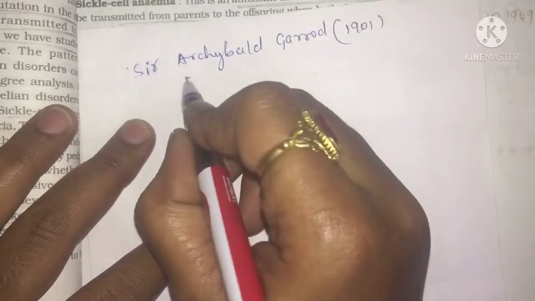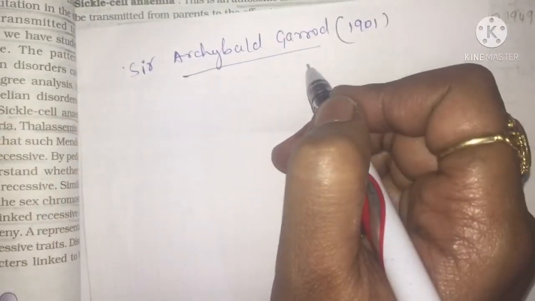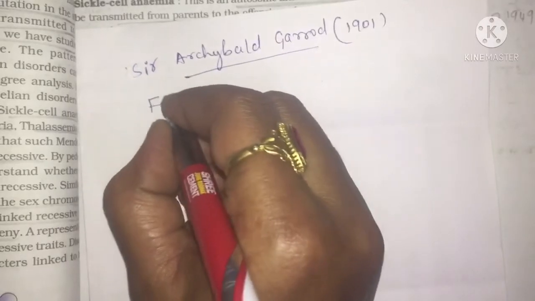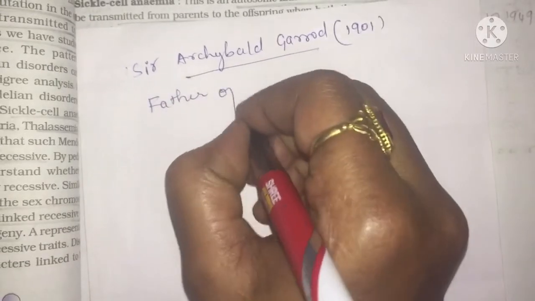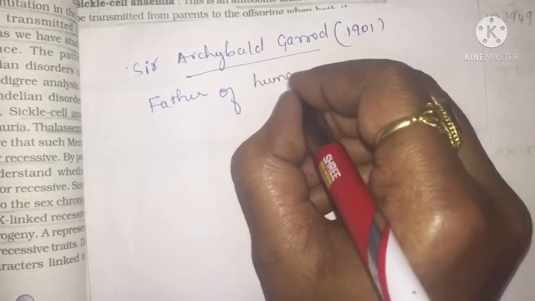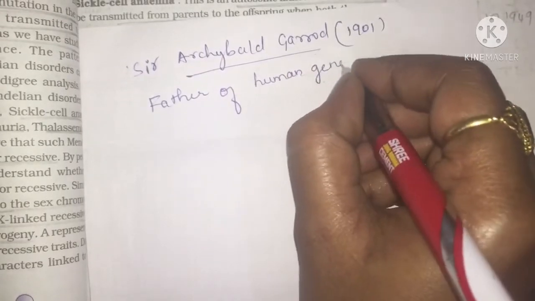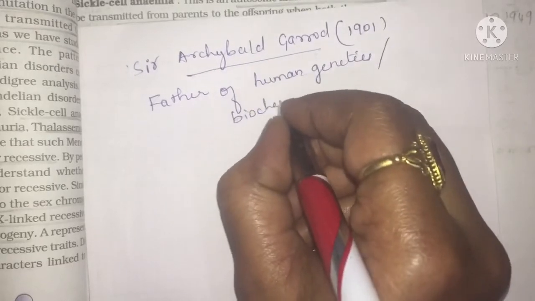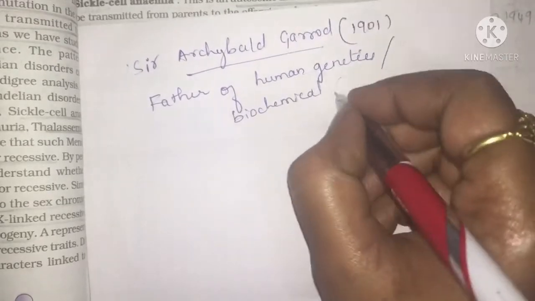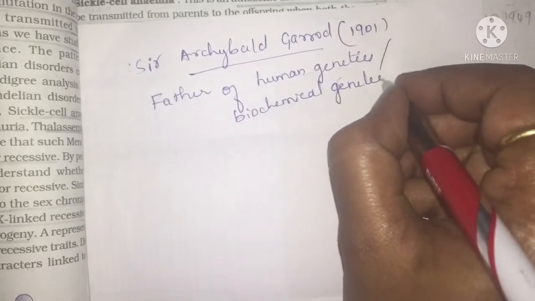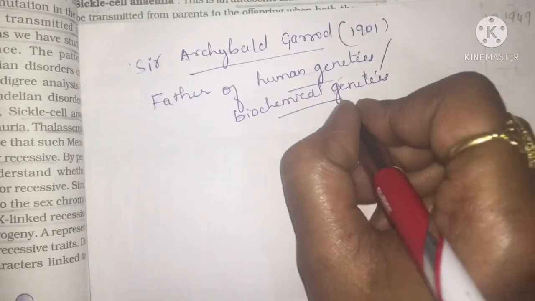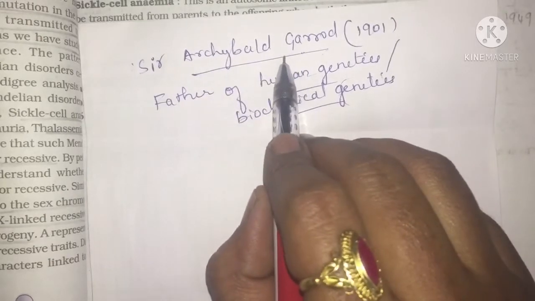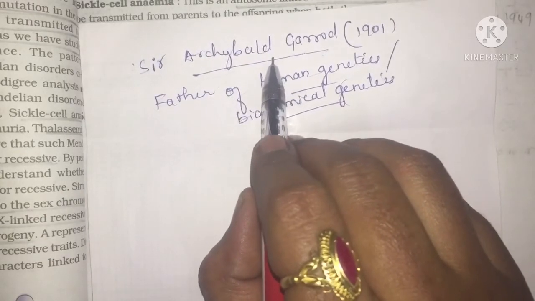He invented this pedigree analysis, and he is the father of human genetics, or father of biochemical genetics. So that is Sir Archibald Garrod, who discovered this pedigree analysis.